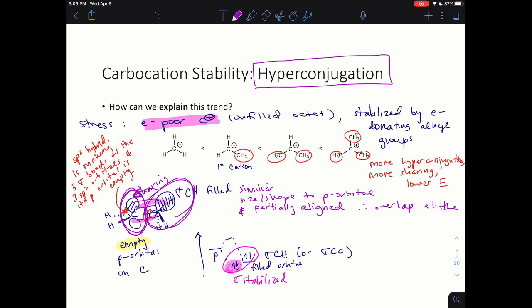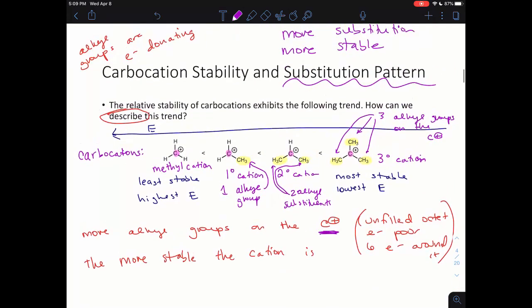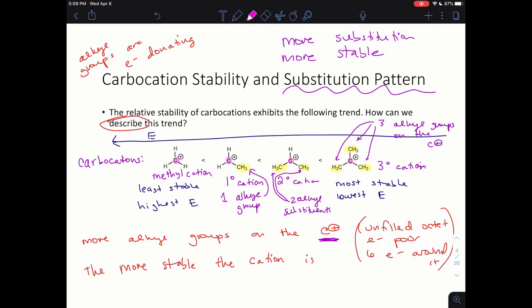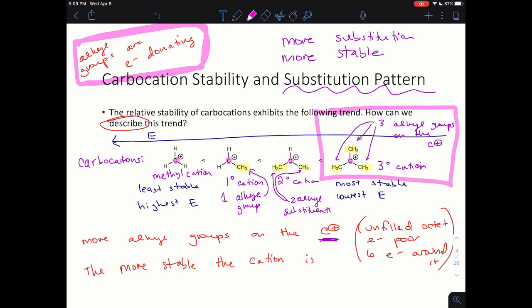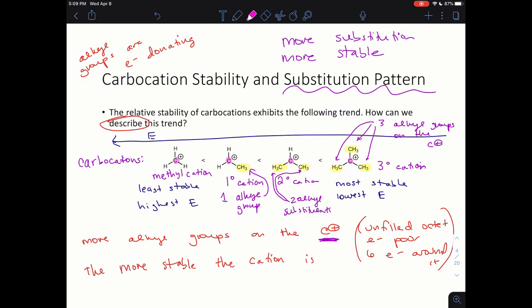That interaction is hyperconjugation. It explains the observation that alkyl groups are electron donating. And it explains why the more alkyl groups on a carbocation carbon, the more stable it is, because all three of these are donating electrons by hyperconjugation to that electron-poor carbon.